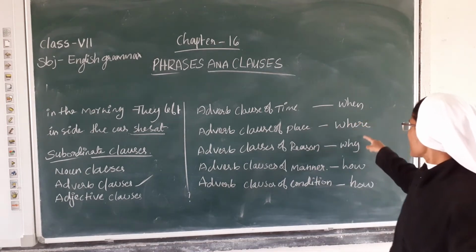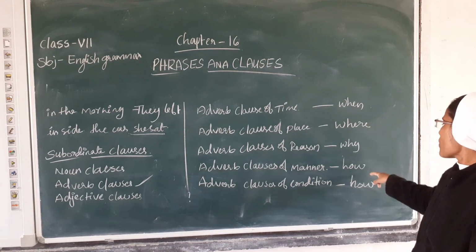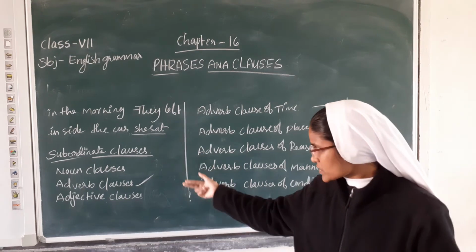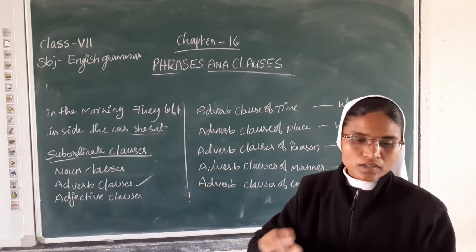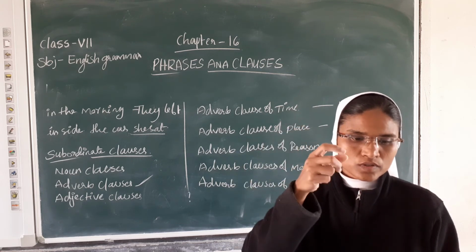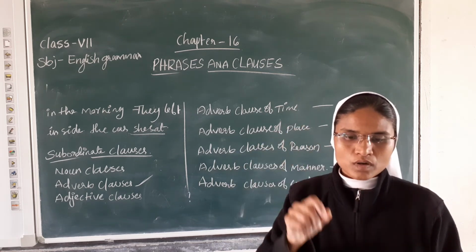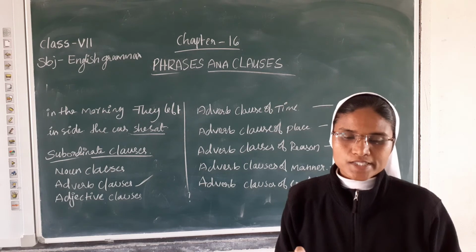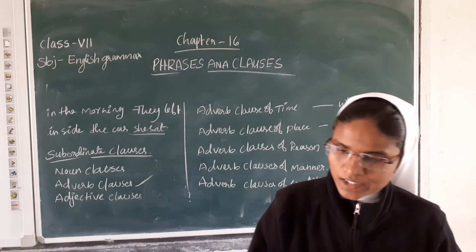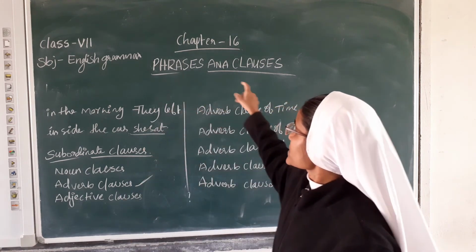So keep in mind this: when, where, why, how. Okay. So adjective clauses, that I already told, start with whom, whose, which, who. So these will start the adjective clauses. Okay, these are the topics of phrases and clauses.